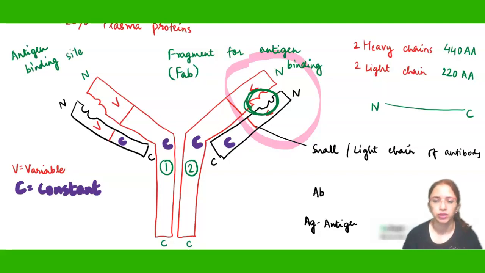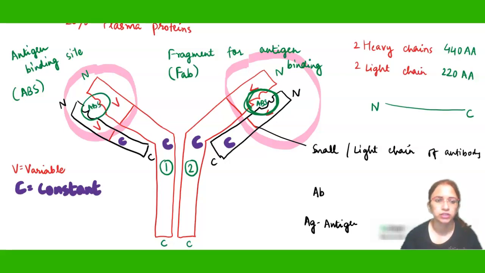Each antibody has a specificity for the antigen, meaning it can bind to a specific antigen. Similarly, this region here on the left is again Fab, and it also contains an antigen binding site, which is abbreviated as ABS. So we have ABS here, and we have ABS here.